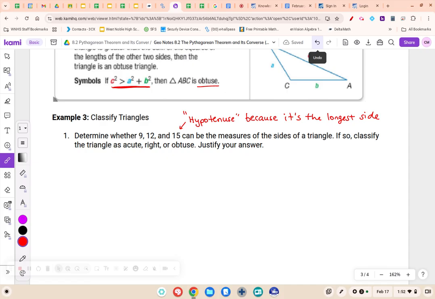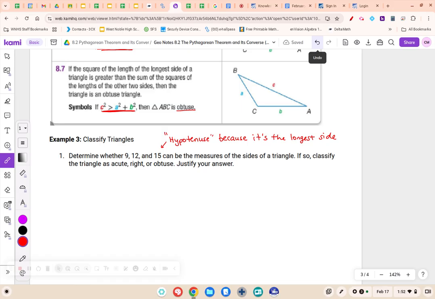Okay, so to set this up, I'm going to take my, in quotes, hypotenuse, 15 squared. I'm going to put a box because it's either going to be equals, less than, or greater than. And then I'm going to set up my two shorter sides. So I get 225, we don't know what, 81 plus 144.